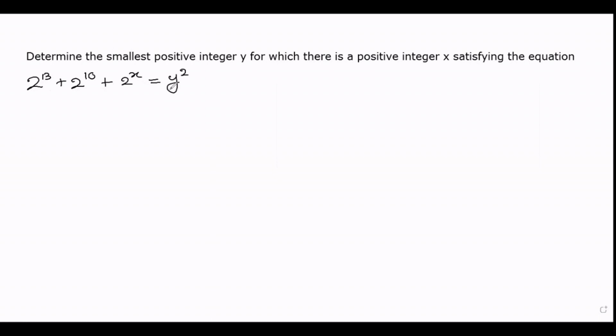One of the first things we should do is take out the 2^10 as a common factor. Remain as 2^3 + 1. We can write it as a 9.